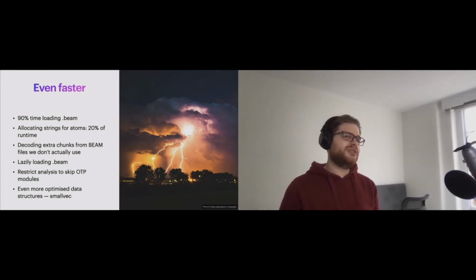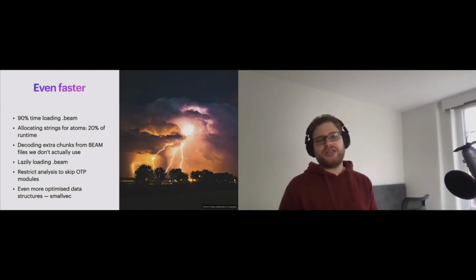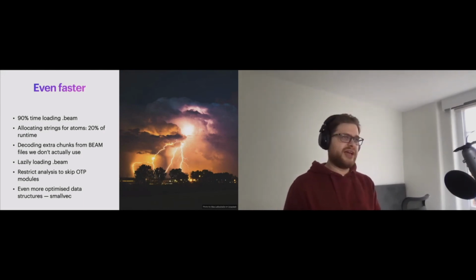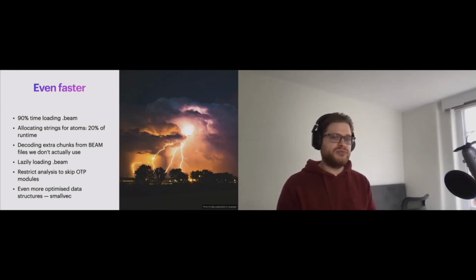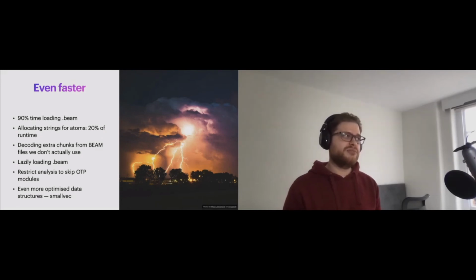But with the current implementation, we allocate an entire vector for each of them. And again, allocations are fairly expensive. With Rust, we get much more fine-grained control over the data structures that we can use. And we could use something like the smallvec crate to remove those allocations in most cases.